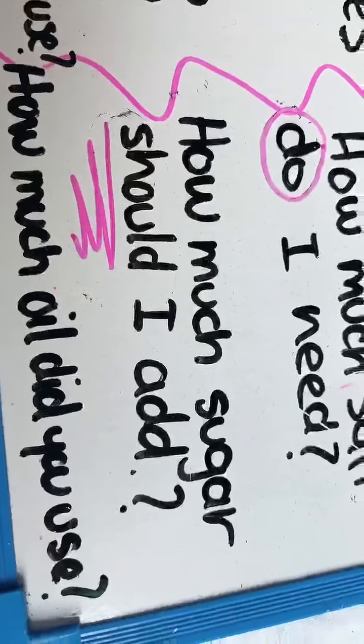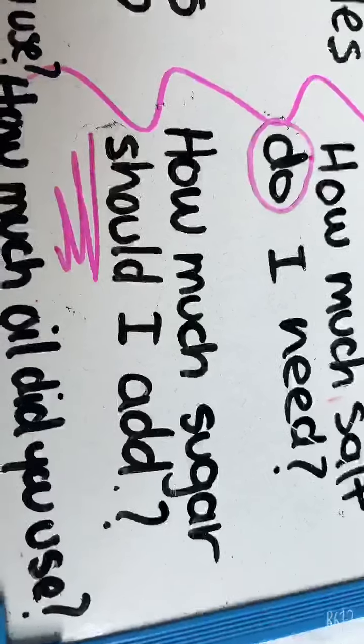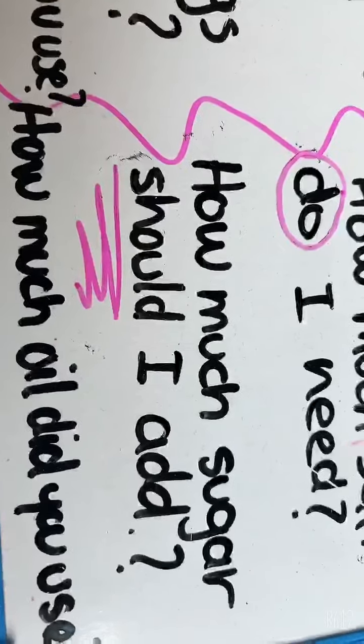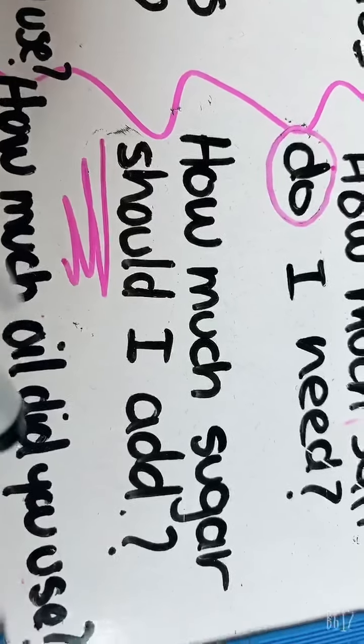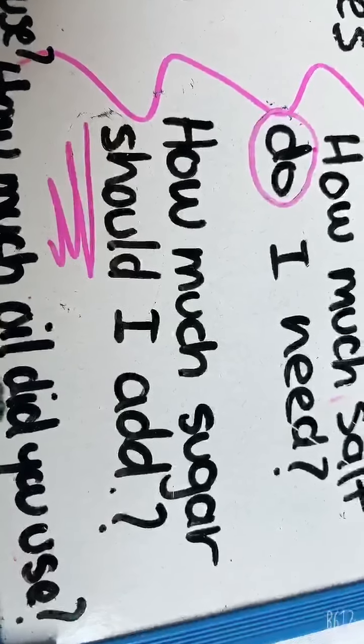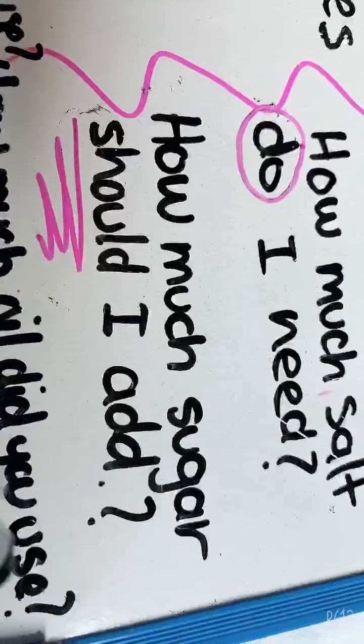And then we have the last example. So how much oil did you use? How much is the question, oil is the object, did is the auxiliary, you is the subject, and use is the verb.